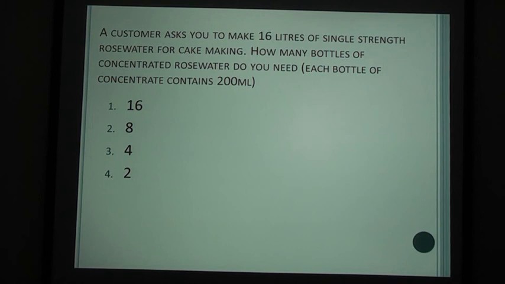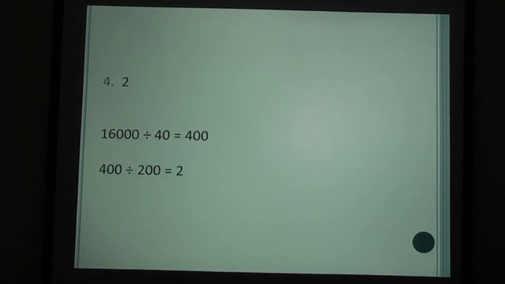Okay, so again, looking here, you've got 16 litres is 16,000 milliliters. That's how much you need to end up with of single strength solution. So to work out how much concentrate I needed, I divide by 40 because of the 1 in 40 relationship. So I have 16,000 milliliters of the single strength solution.